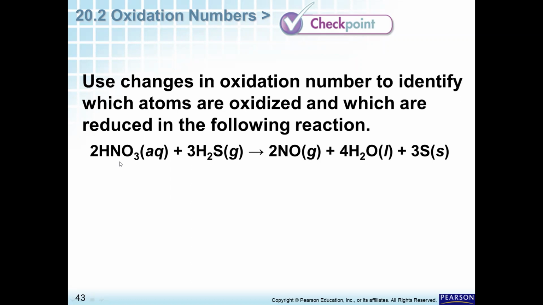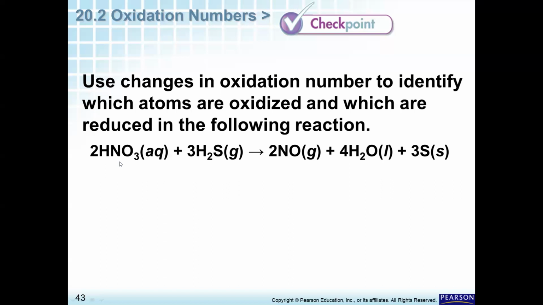Hydrogen is +1, which means sulfur in this case is -2. Move to the product. NO, nitrogen oxide, -2, so nitrogen is +2. Right? Let's go back to nitrogen. What did we say it was at first? And it became +2. Is this a decrease? So that is a reduction. So nitrogen has been reduced.